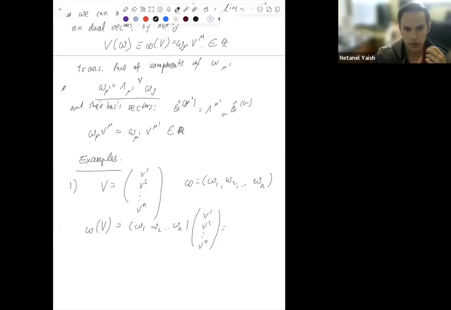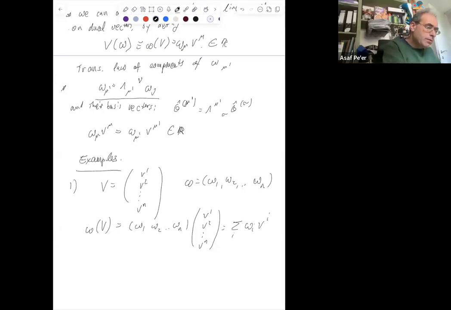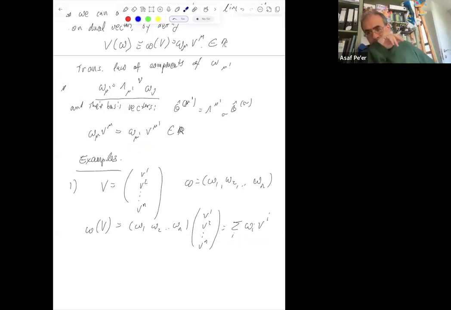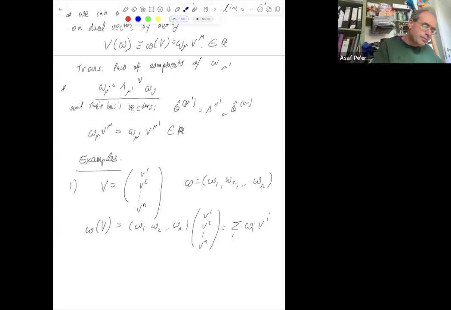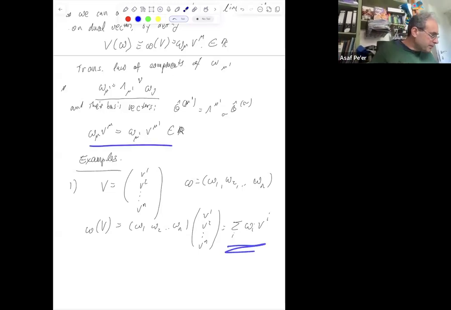The sum over i of v^i omega_i, which is exactly what is written here. I told you there's something bigger here. This and this are the same thing.